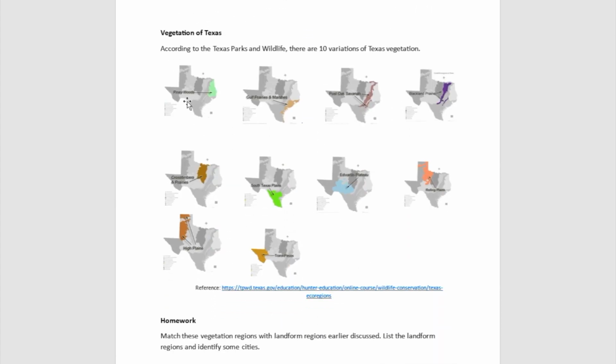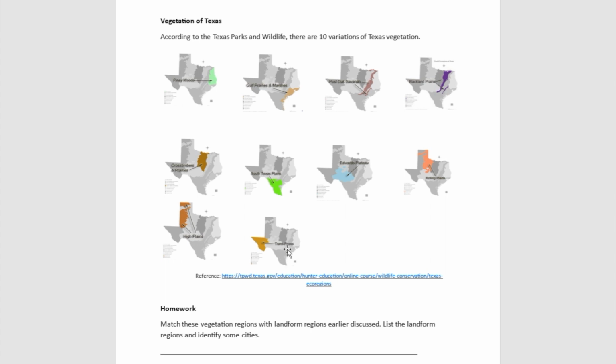Well, we try to identify vegetations of Texas here based on this map as piney woods, Gulf prairie marshes over here, post-oak savanna, blackland prairie, cross timbers and prairies. You're going to see right over there, South Texas plains, Edwards Plateau, rolling plains, high plains, and Trans-Pecos.